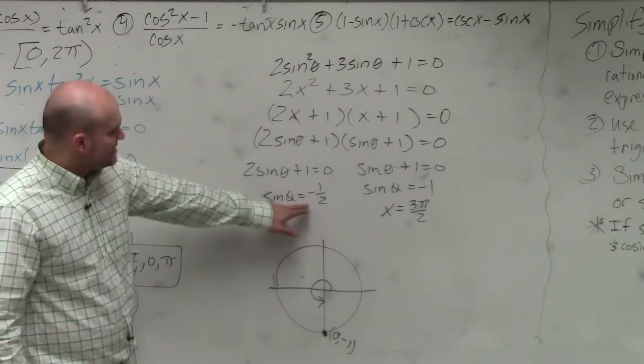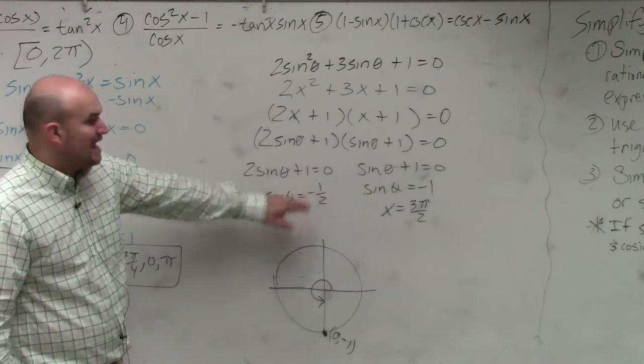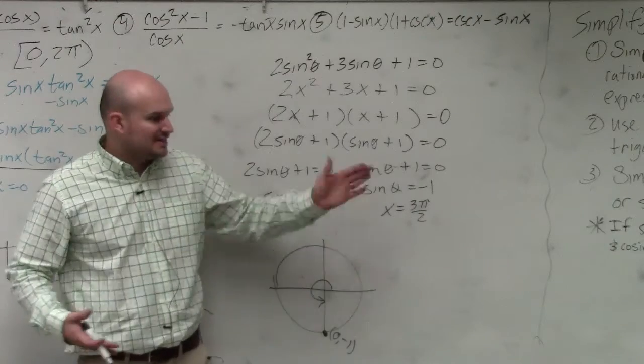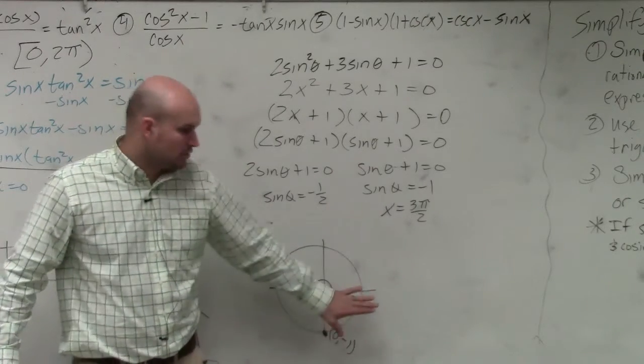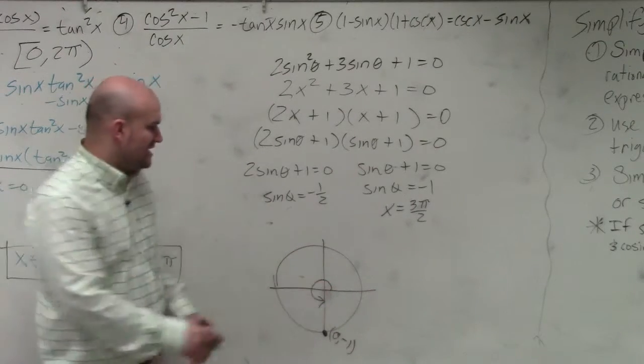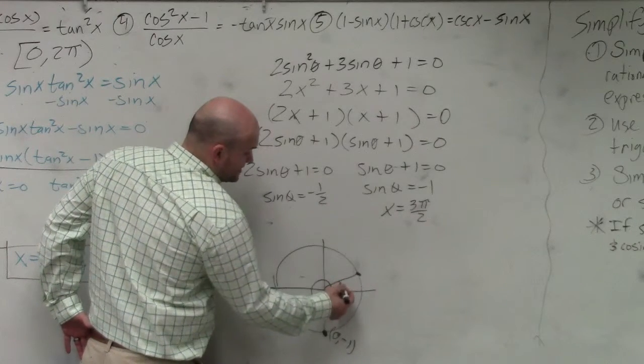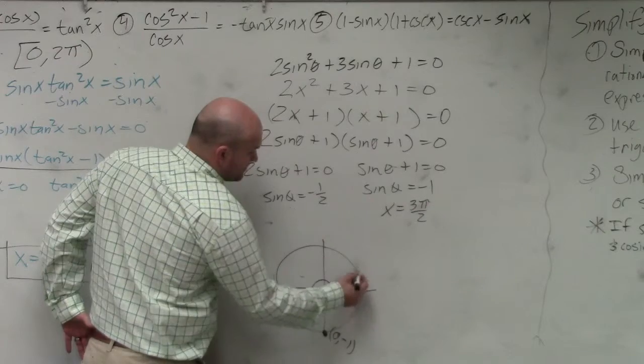So then we look at when sine equals -1/2. Well, when does it equal +1/2? Once I know when it's +1/2, I just know that the sign is negative in the lower quadrants. So sine is going to be +1/2 at 30 degrees, or pi over 6.